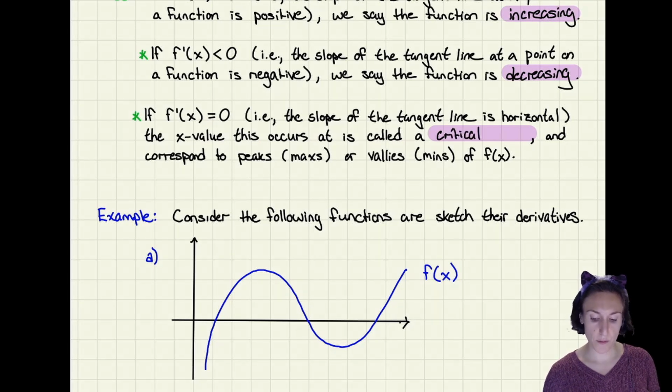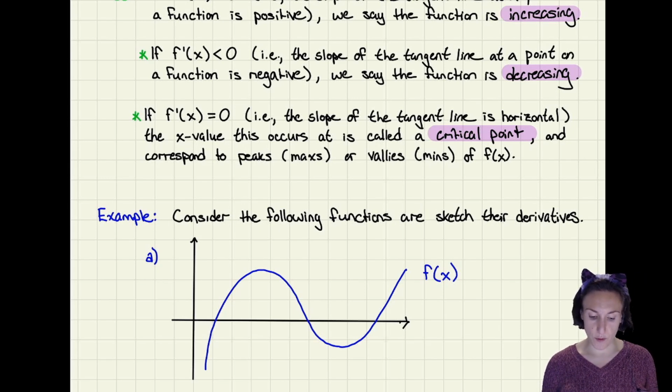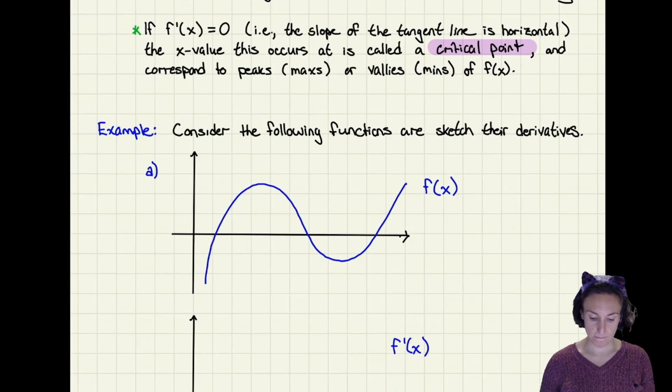Again, we're going to formally define this next week, but just so you start getting used to the terminology. At critical points where there's a horizontal tangent, they correspond to peaks or valleys, so maxes or mins of the function. So this is a peak, a mountain, a type of maximum, and here we have a valley, a type of minimum.